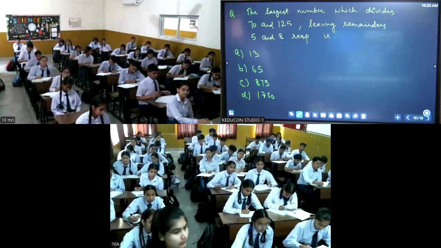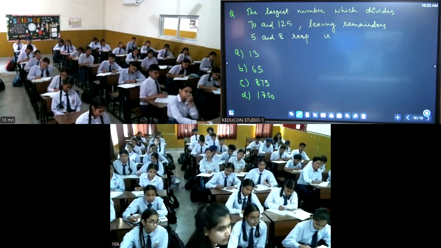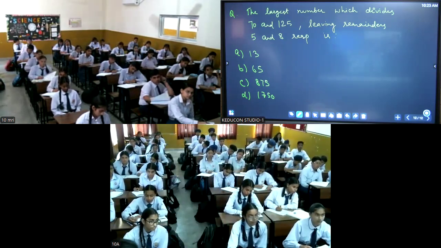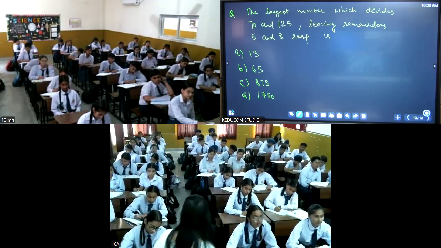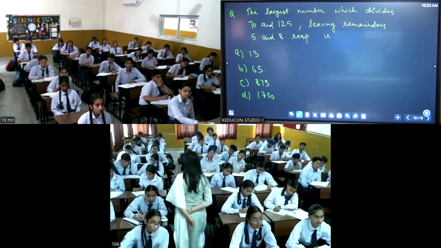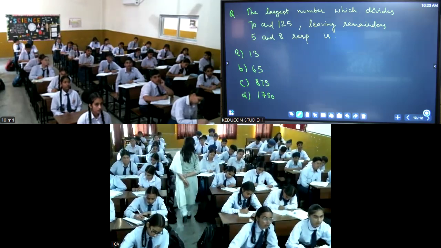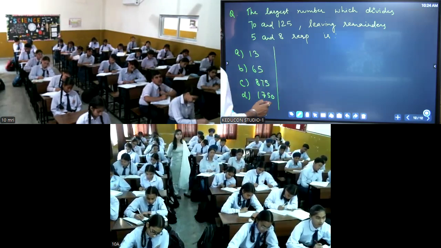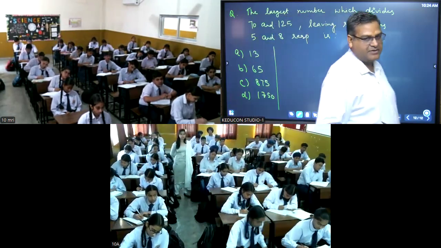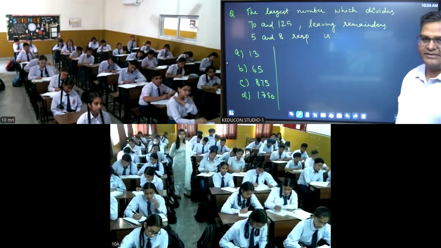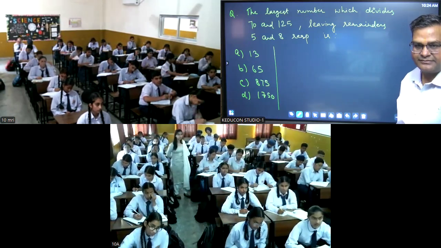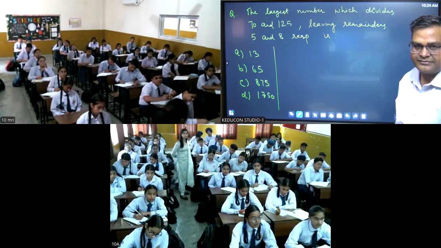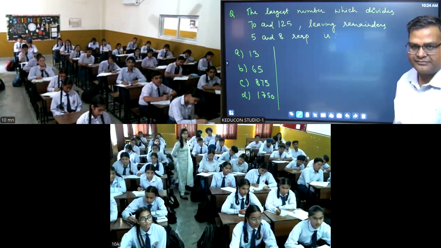The largest number which when divides 70 and 125, leaving remainders 5 and 8 respectively is. Yes, students. Read this question carefully. We have to find the largest number. What does the largest number mean? HCF. HCF for which two numbers? 70 and 125.